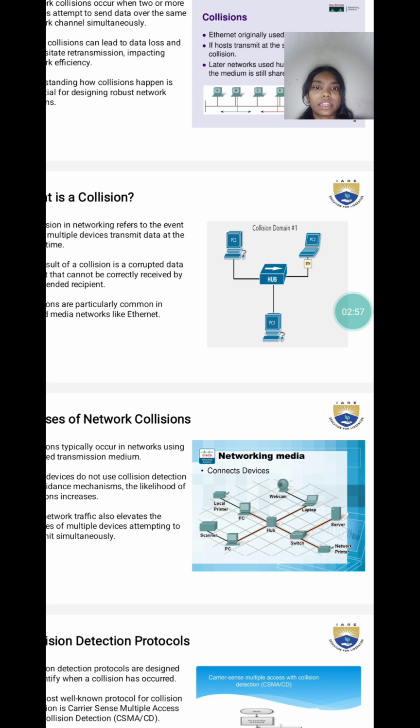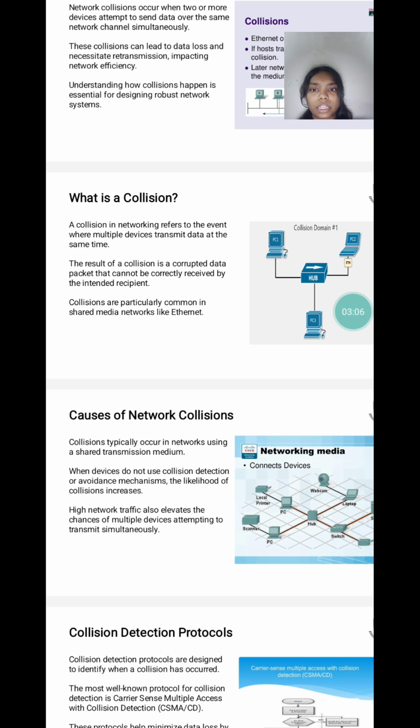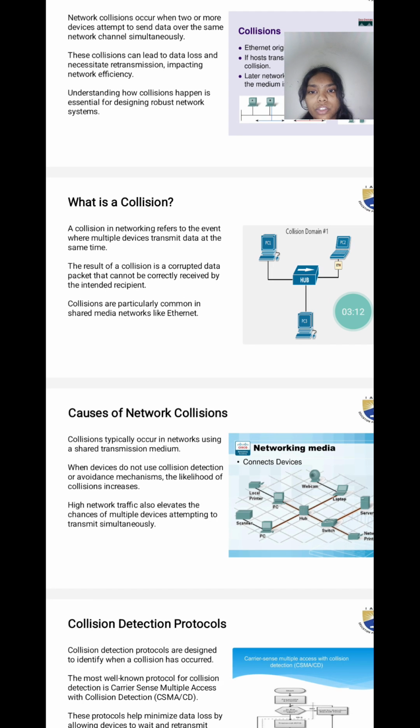Here the data is passed simultaneously, and it is called a collision. The result of a collision is a corrupted data packet that cannot be correctly received by the intended recipient. Collisions are particularly common in shared media networks like Ethernet.